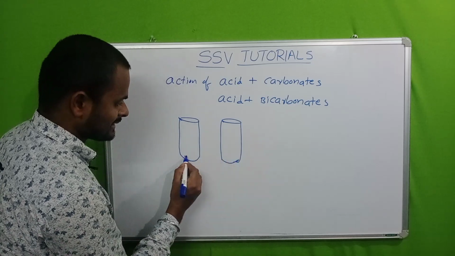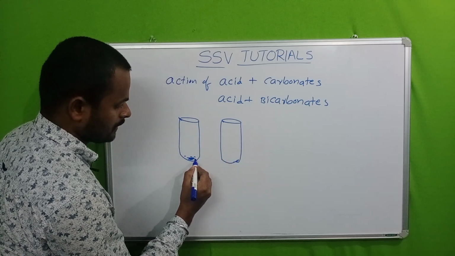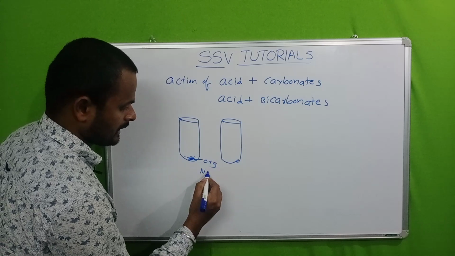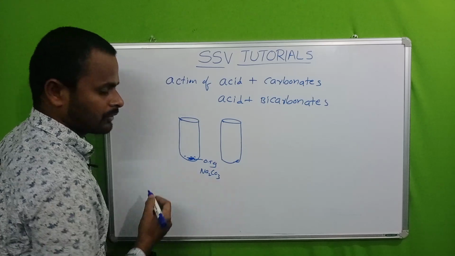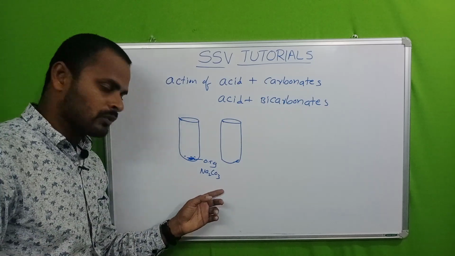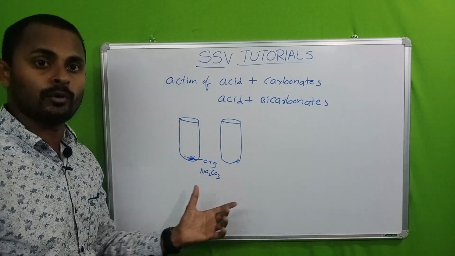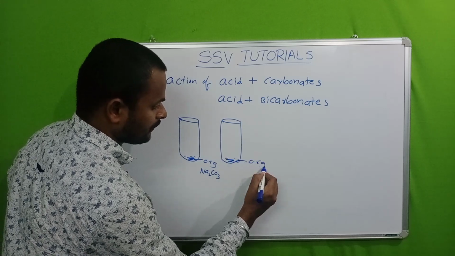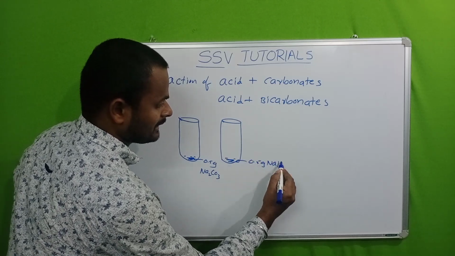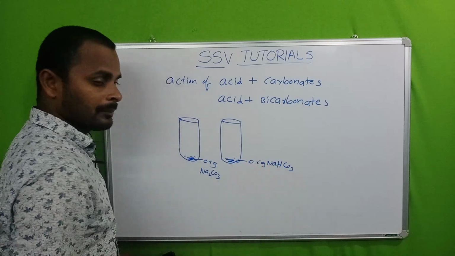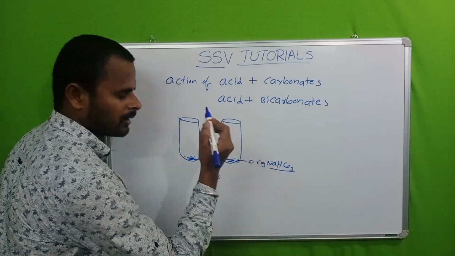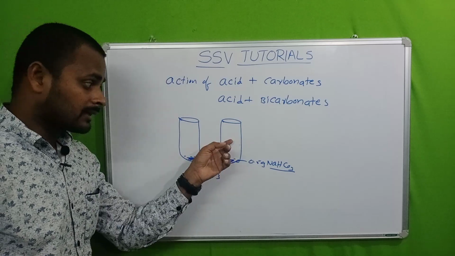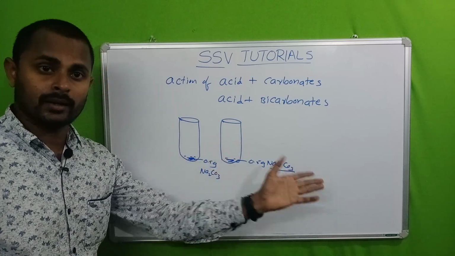In one, add 0.5 grams of Na2CO3, which means sodium carbonate. In the other, add 0.5 grams of NaHCO3, which means sodium bicarbonate.